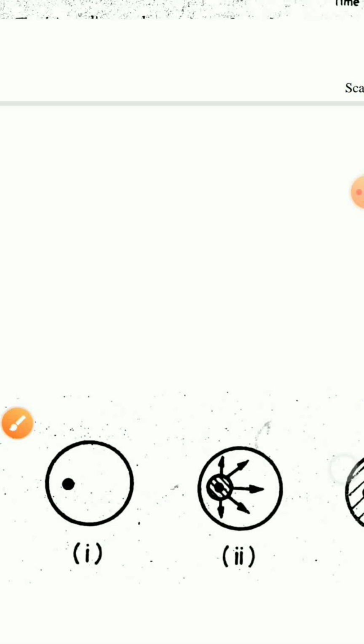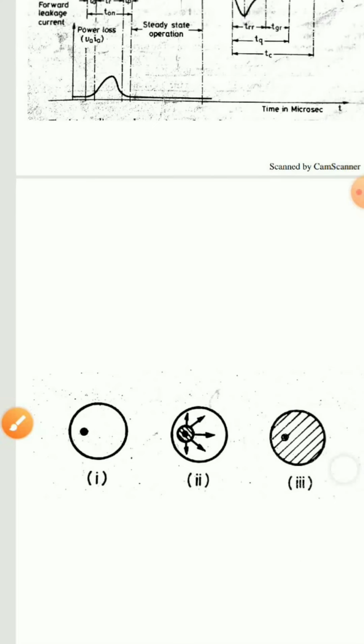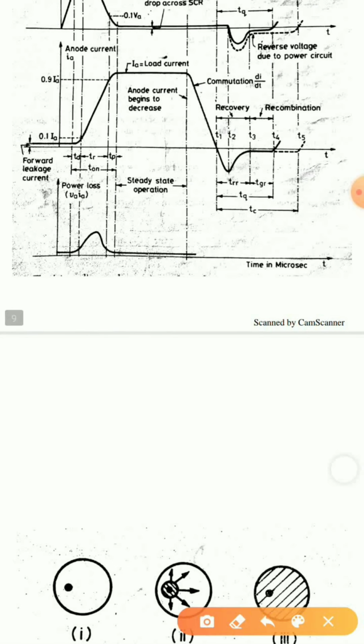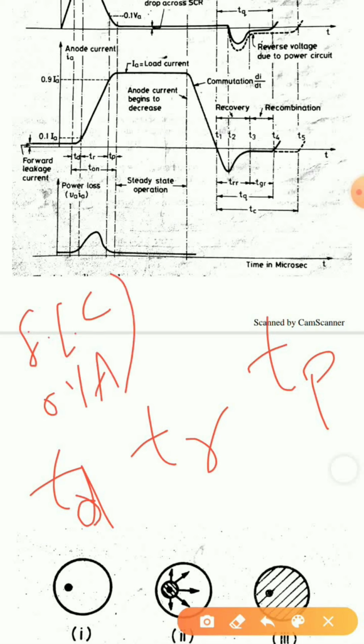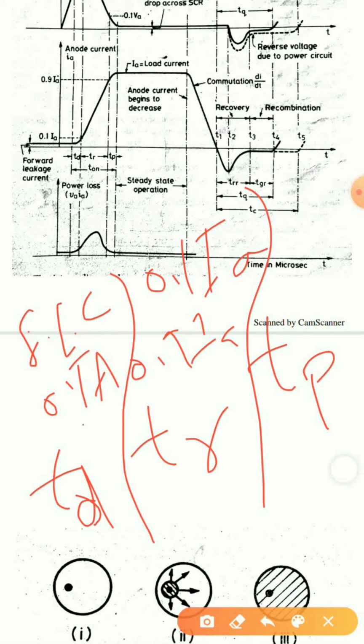Now, if I have to classify the three sections, that is my delay time, my rise time and my spread time: from forward leakage current to 0.1 IA is called my delay time. From 0.1 IA to 0.9 IA, that is my rise time.